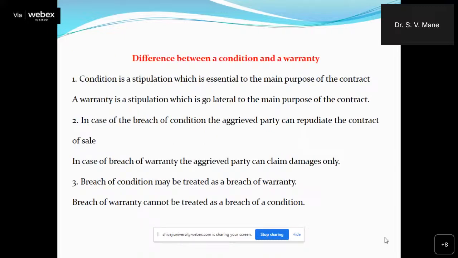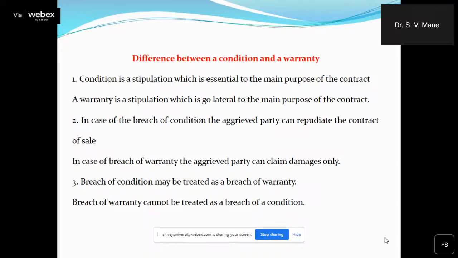Then the difference between condition and warranty. What is the actual difference between the condition and warranty? The condition is a stipulation which is essential to the main purpose of the contract, whereas a warranty is a stipulation which is collateral to the main purpose of the contract.